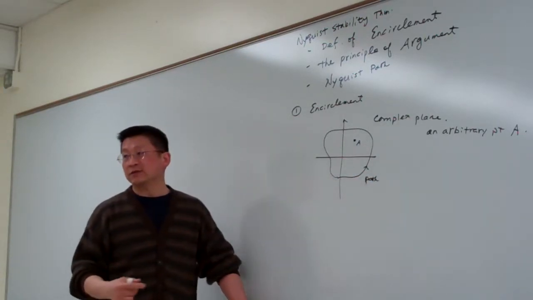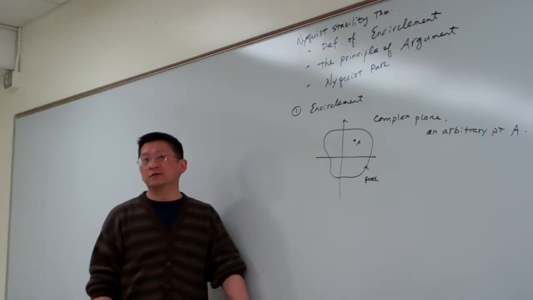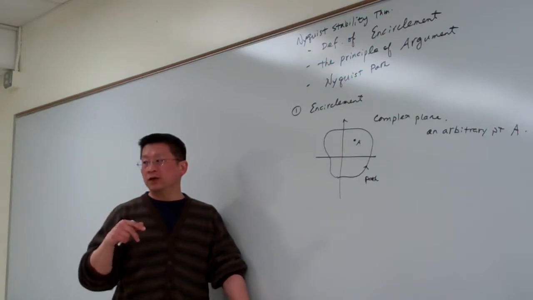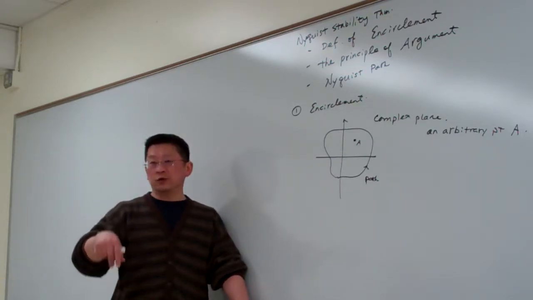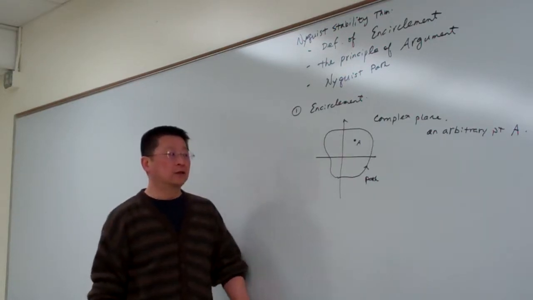And the path, you could imagine just like when you learned calculus, we learned how to do the path integral, doing the integration along certain paths. The same idea: you simply pick any path of interest.